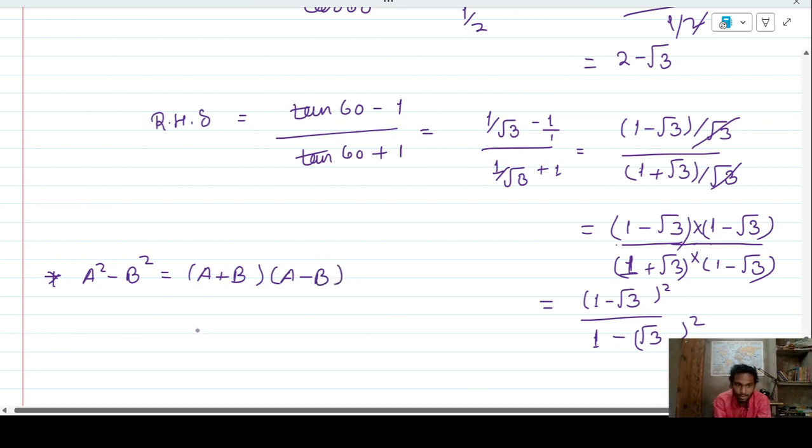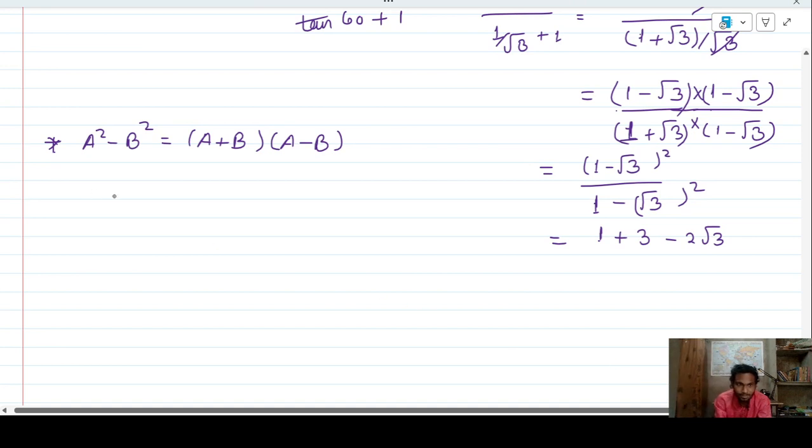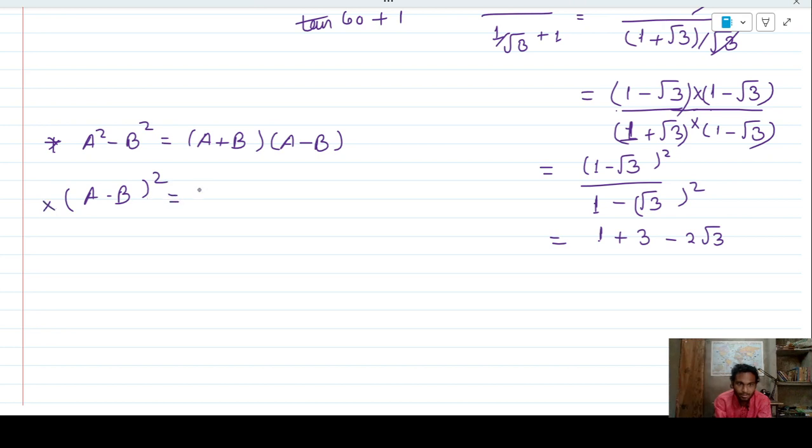So we write it in this form. Numerator: 1 plus 3 minus 2 root 3. Here we use a minus b whole square, which is a square plus b square minus 2ab. Now solve the denominator.